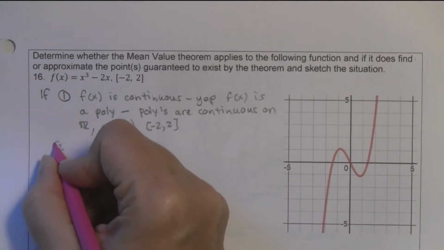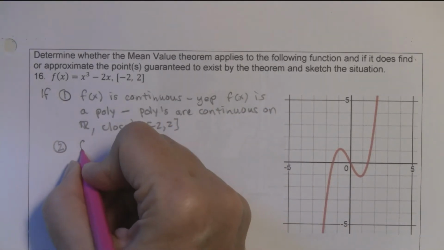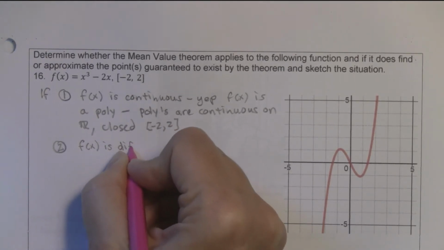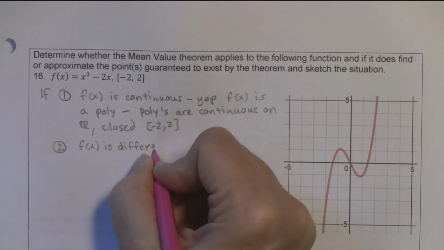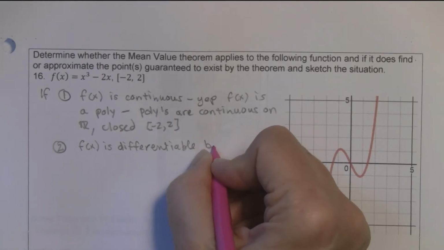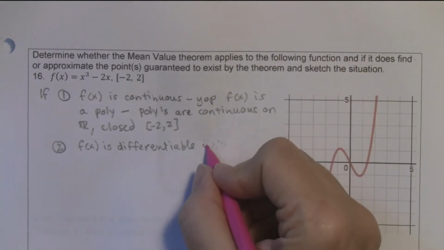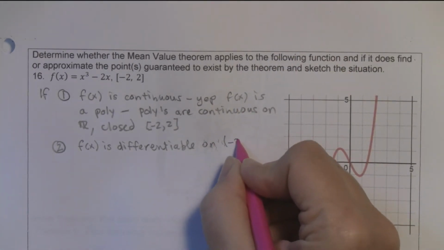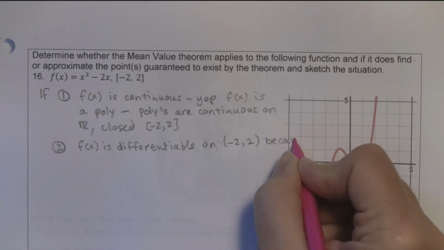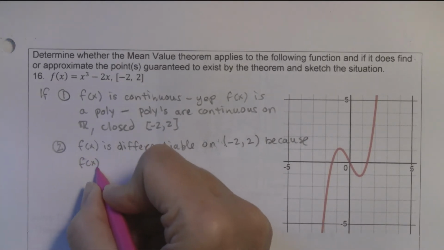Okay, well, every polynomial is also differentiable. So yeah, f of x is differentiable on negative 2 to 2, because f of x is a polynomial.